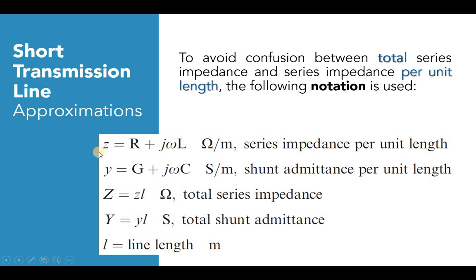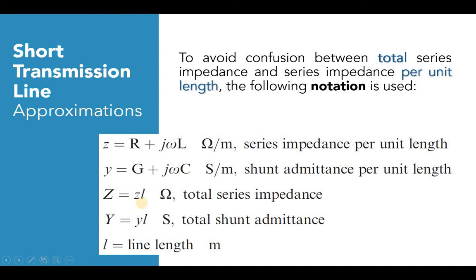Small z will refer to the series impedance per unit length. Okay, so that is in ohm per meter. Whereas the capital Z will be your total series impedance. So in this total impedance, we have factored in the line length.